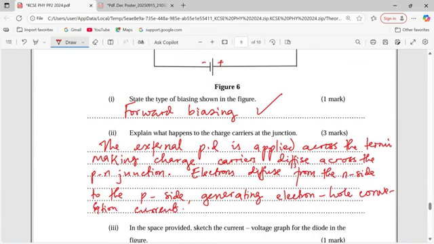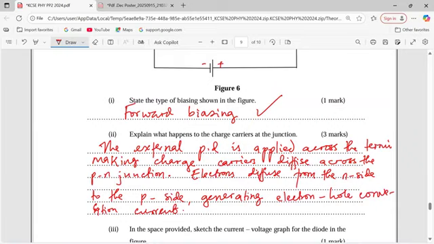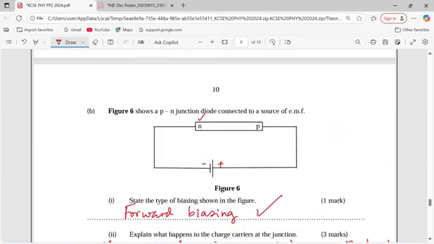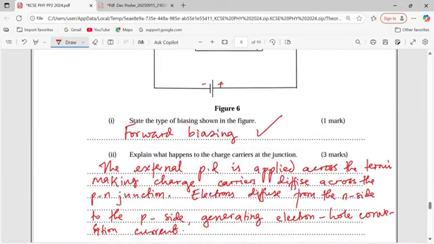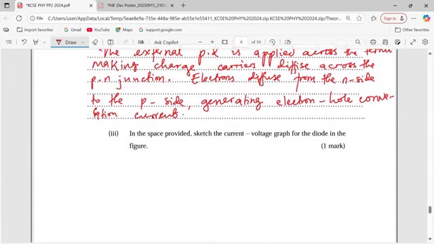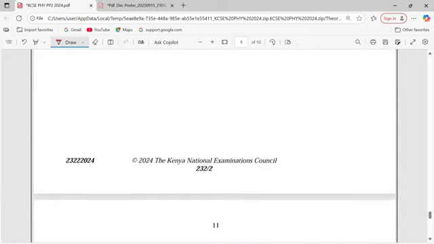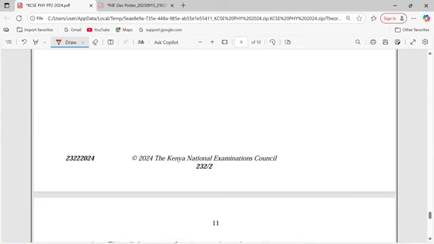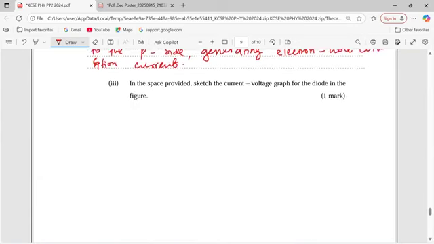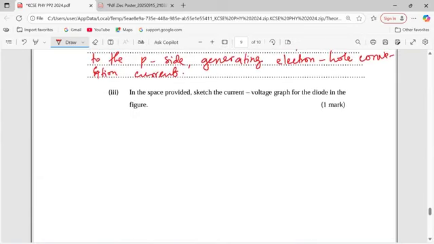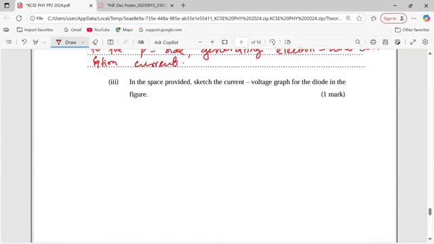Remember, during reverse biasing, the junction will widen even more. Then in part 3, we are told to sketch, in the space provided, the current-voltage graph for the diode in the figure.